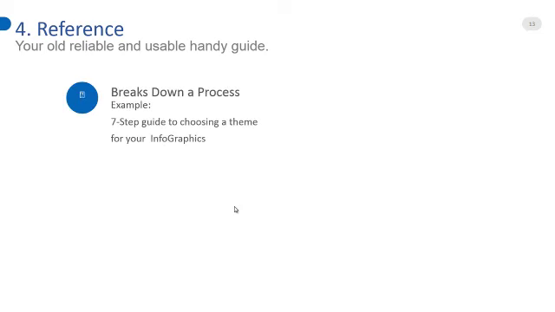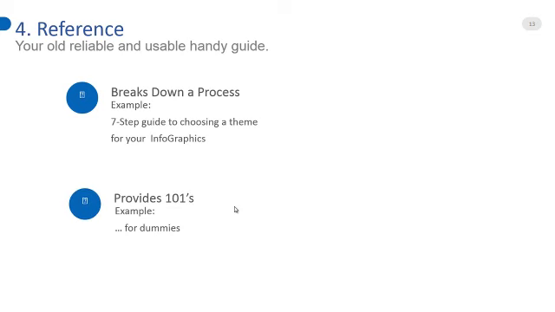The fourth one is reference. Your old, reliable, and usable handy guide. With a reference, you can break down a process, for example, 7 steps or 7 guides to choosing the theme for your infographic, or 10 steps to creating a maybe flowchart infographic. So it breaks down a very complex process.